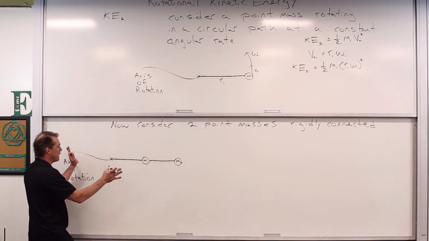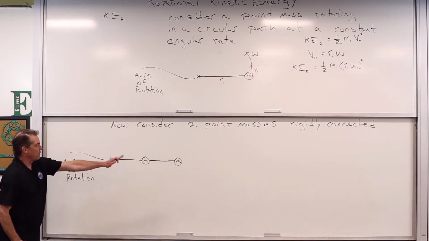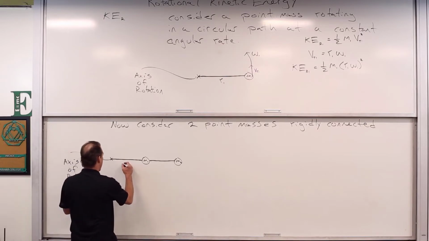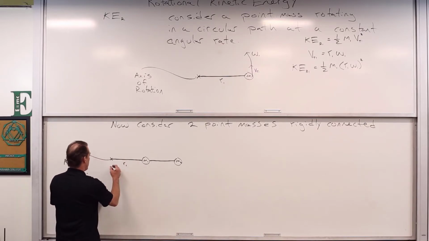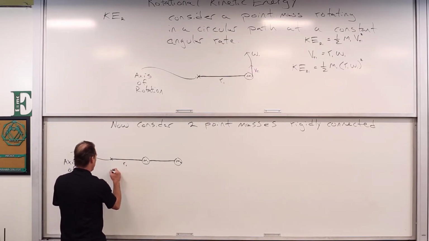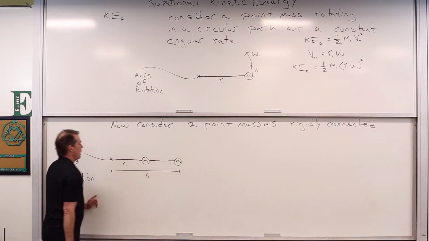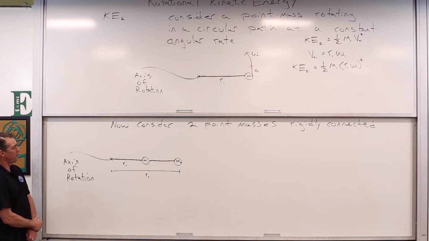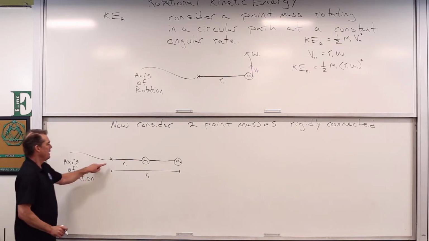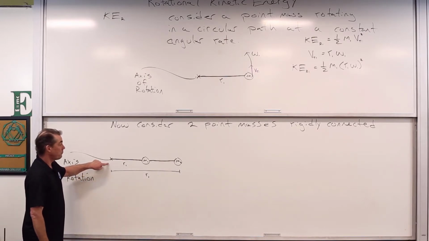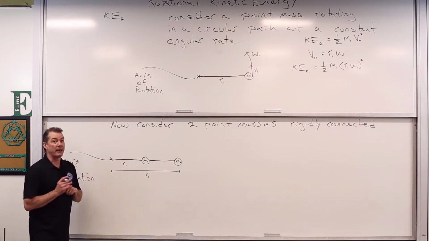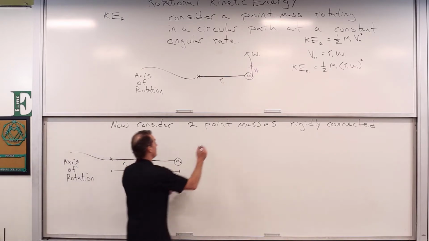This is one rigid system here. We've got two different masses. This one exists at a distance of R1, and this distance we'll call R2, so that they're both different distances from this axis of rotation. We'll say, well, what is the total kinetic energy of this rotating object?